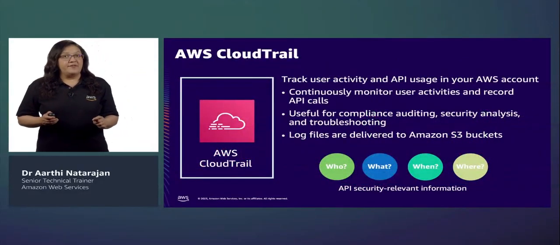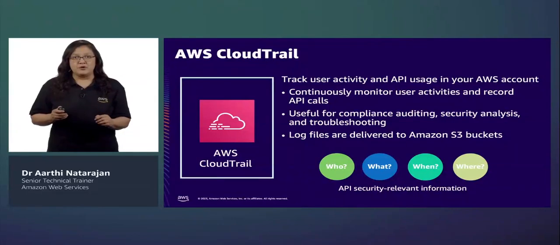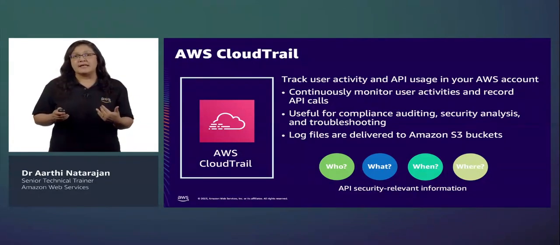Moving on to our next service, AWS CloudTrail. AWS CloudTrail is an example of a service that we can use for security auditing in our AWS account. CloudTrail enables us to track identity activity and API usage in our accounts.